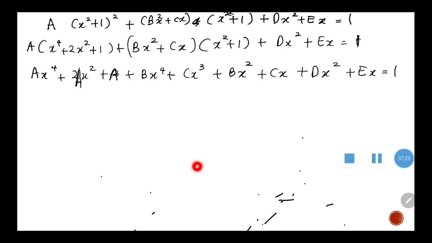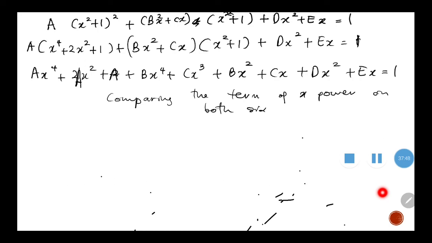So when you come across this many constants, you have to do this technique, comparing the terms. I'm not sure whether you have come across rational functions before this. Compare the x powers on both sides. What does it mean here? First, x to the power of 0.